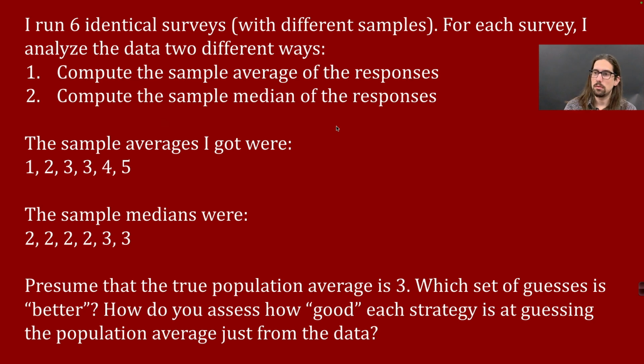They're each giving me a number that I'm going to treat as my guess of the population average, even though neither of them really is, but it's my best guess. And I want to see which of them is a better guess or a worse guess. So let's say that the sample averages I got were 1, 2, 3, 3, 4, 5, and the sample medians were 2, 2, 2, 2, 3, 3.